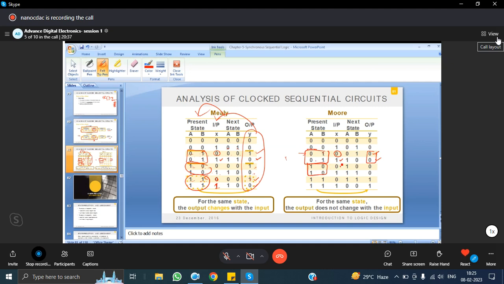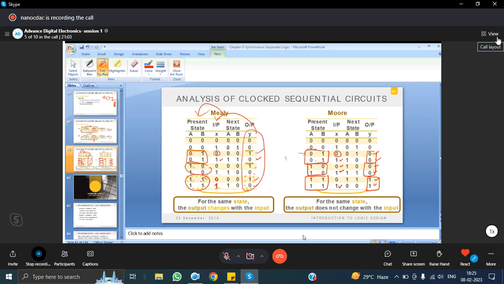When you are giving input 0, output is 0. When you are giving input 1, output is 0. There is no change in the output. If the state is same, even if there is any change in the input signal, the output is not affected. This is called a Moore machine.